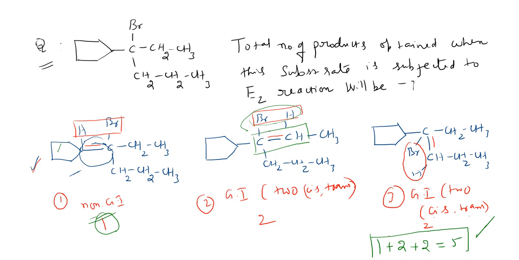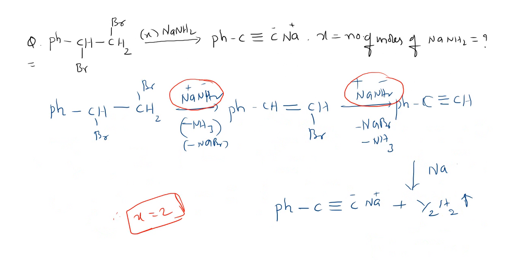Let us see the next one. Here we have a phenyl group and two bromines given. For the arrow mark, X number of moles of sodium amide is given, and they give a triple bond compound. X is the number of moles of NaNH2. How much is this? So in this reaction, as you know, when sodium amide is treated with these halogen compounds, sodium takes halogen and NH2 takes hydrogen.